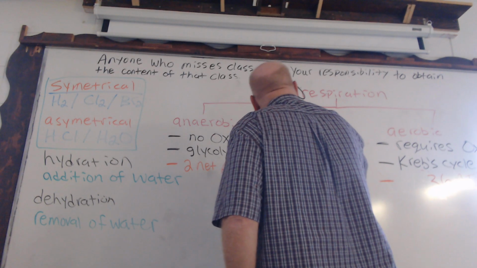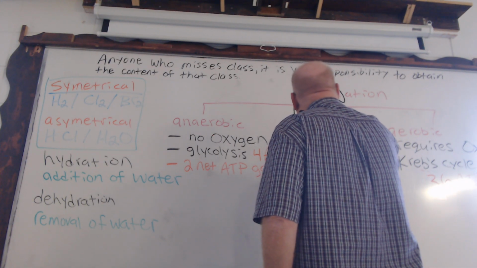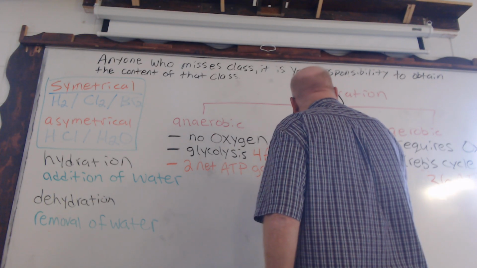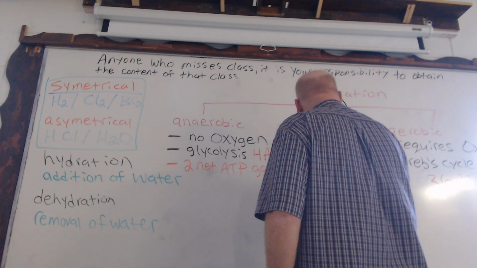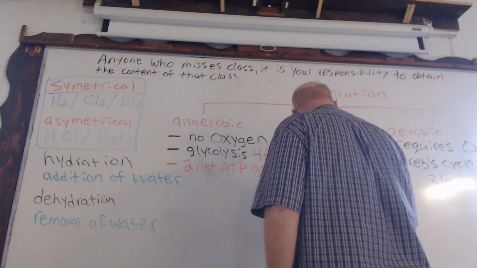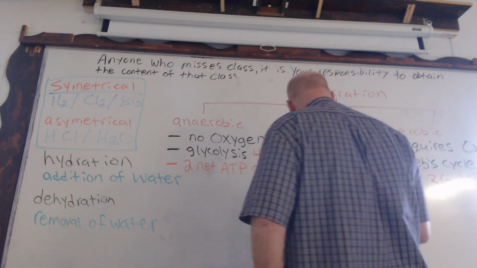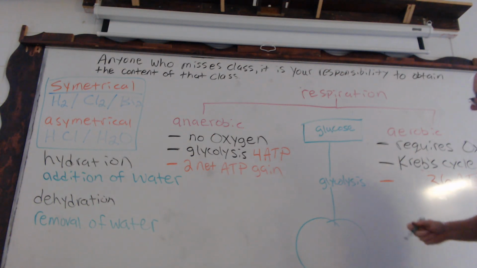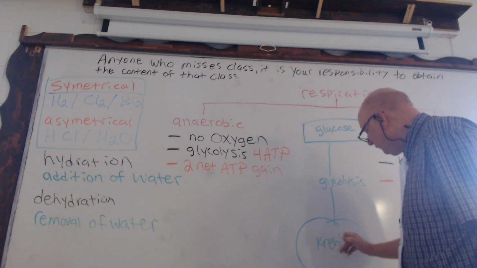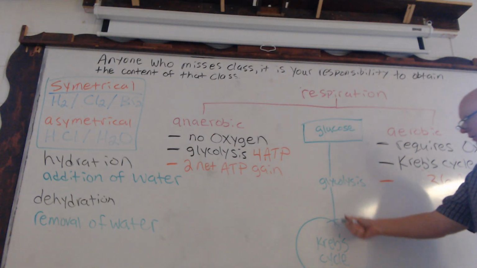But notice, for every molecule of glucose, what's going to happen is it's going to go through this process we called glycolysis. Then it's going to try to enter the Krebs cycle. But in order to enter this cycle, something must be present to keep on going.